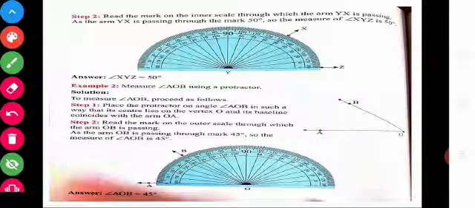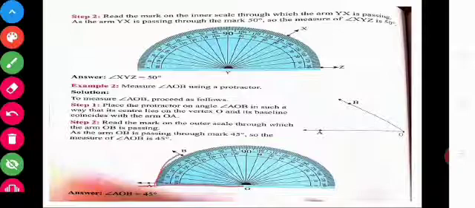Look at one more example. Measure angle AOB using a protractor. Step 1. Place the protractor on the angle AOB in such a way that its center lies on the vertex O and its baseline coincides with the arm OA.